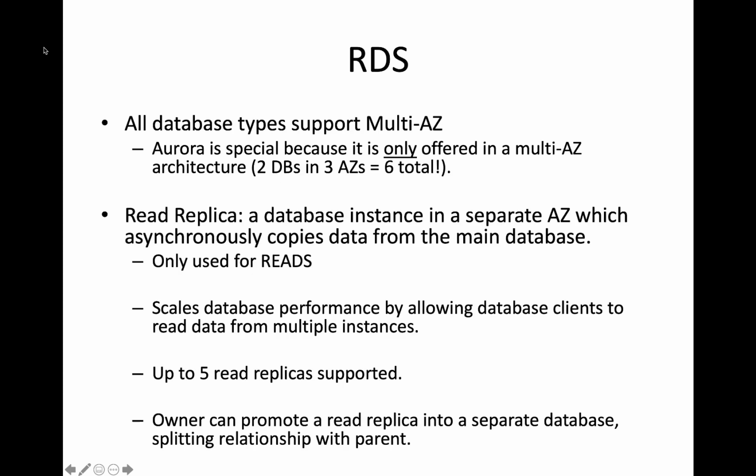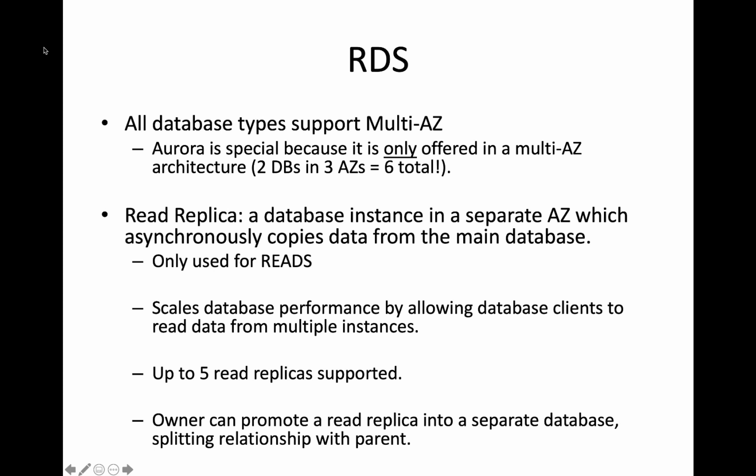Pretty much all the different database types that are offered by RDS will support a multi-AZ architecture. The Aurora database service is special because this service was specifically designed by AWS to run in the cloud. And it's the only service which is only offered in a multi-AZ architecture.